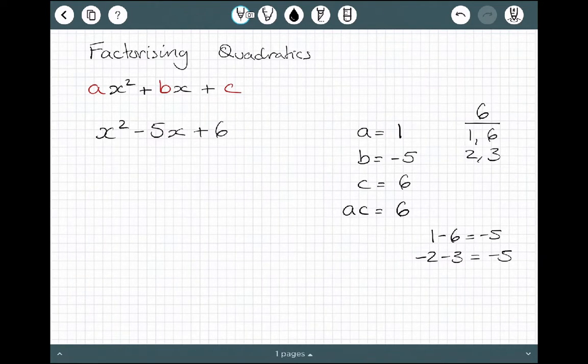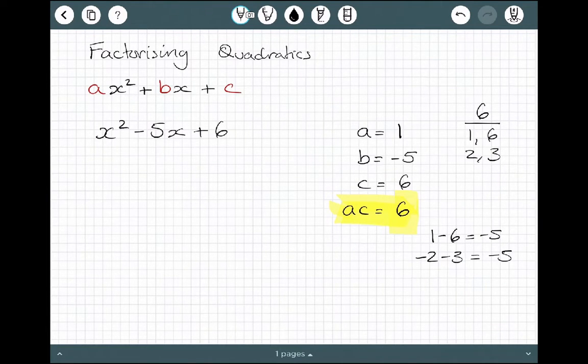And this is where some students slip up. Only one of these can be used, and this is where we need to look at AC. What is the sign of AC? Well, AC is positive. If I was to pick 1 and negative 6, and I multiply 1 by negative 6, I would get negative 6.